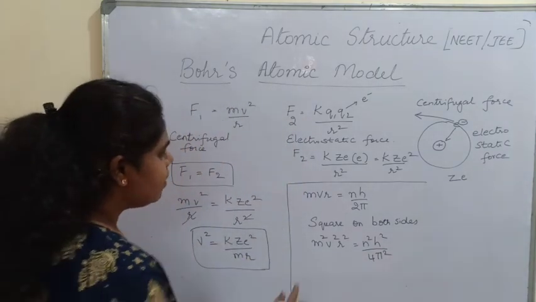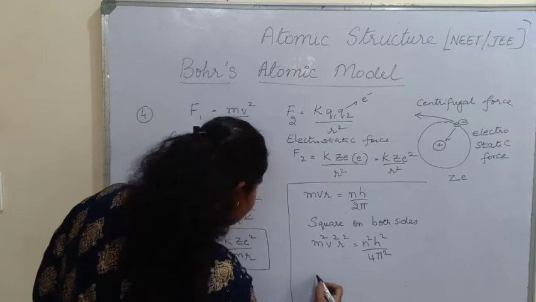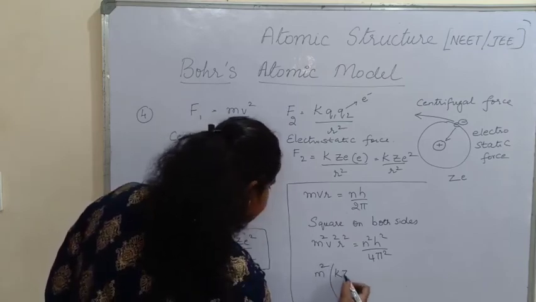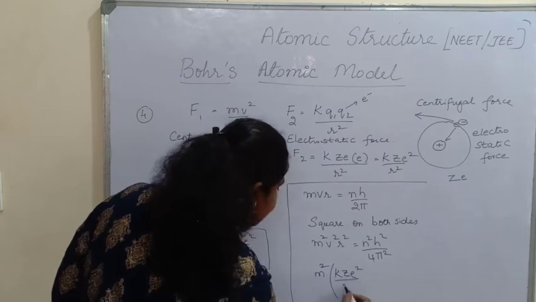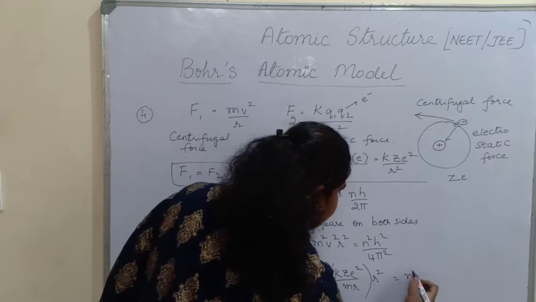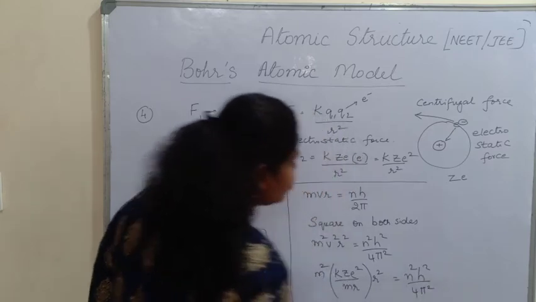Now in place of v square, let us substitute this value. That is m square into kZe square by m r square is equal to n square h square divided by 4 pi square.